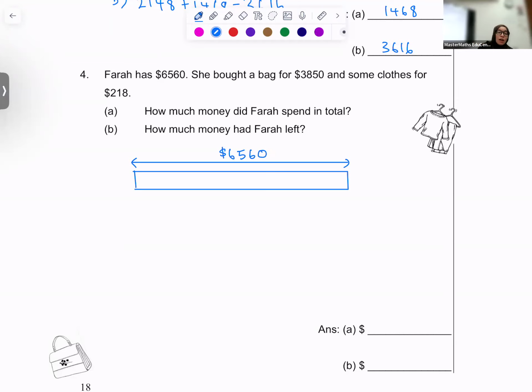And 50, very good, $3,850. Okay, so what we can do is we can cut the model somewhere around here because this is quite a big amount, right? So we can label this as bag. What is this amount? This amount is $3,850. Okay?